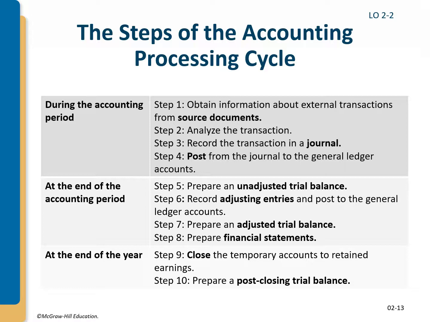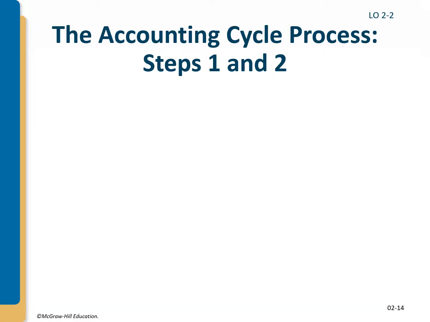Post those to the T accounts and prepare a post-closing trial balance. The only types of accounts that should be included on this trial balance are permanent accounts: assets, liabilities, paid in capital, and retained earnings. All the other accounts will have 0 balances. So let's go through the process.